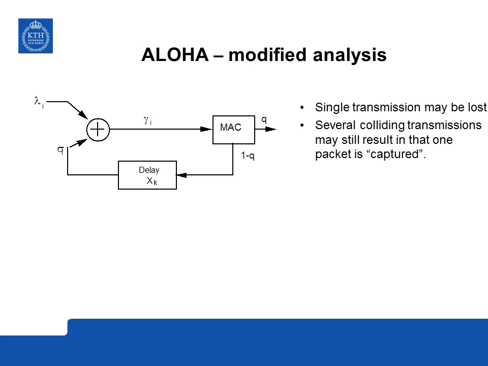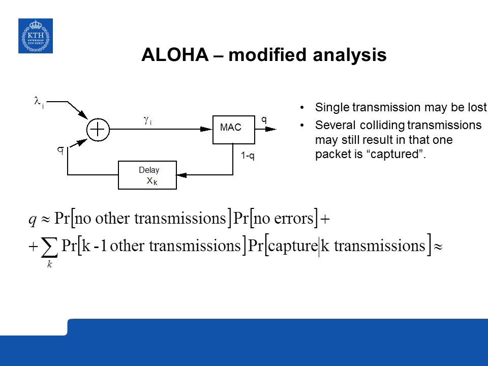So what we need to do is to recompute the success probability Q. And the success probability Q will consist of 2 components. One, that there's a single transmission, or there are no other transmissions than the one I want, and at the same time there has to be no channel errors, so the packet has to be correctly received.